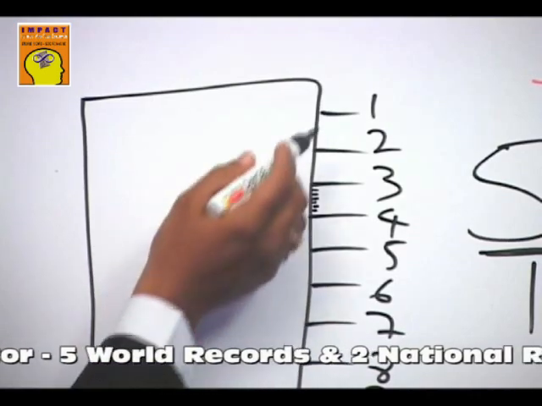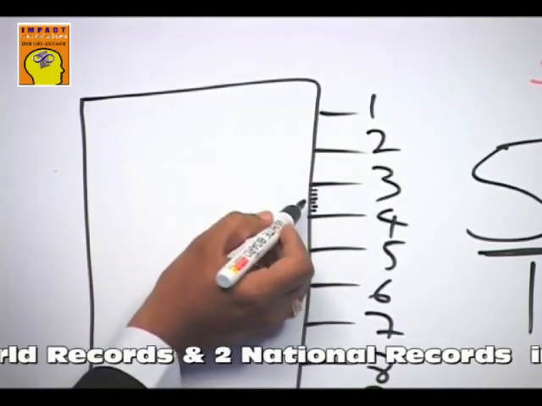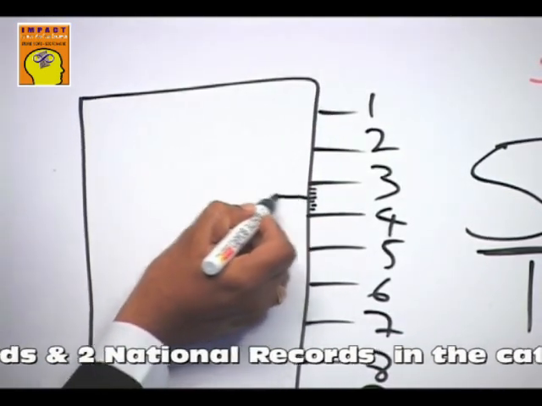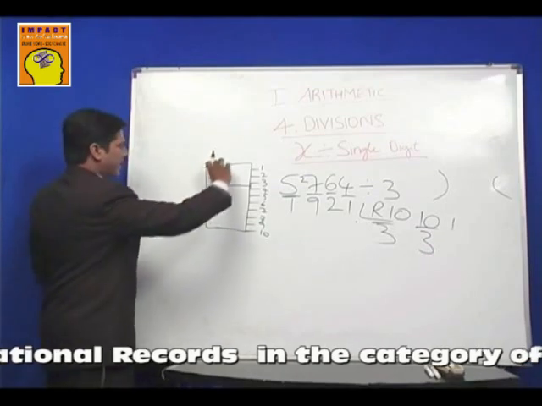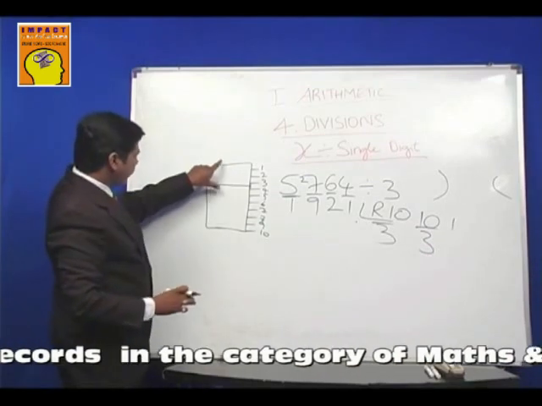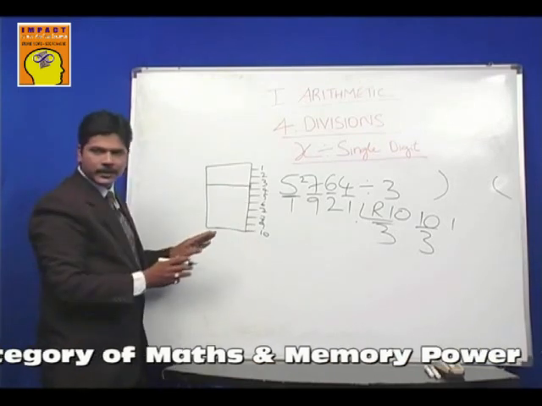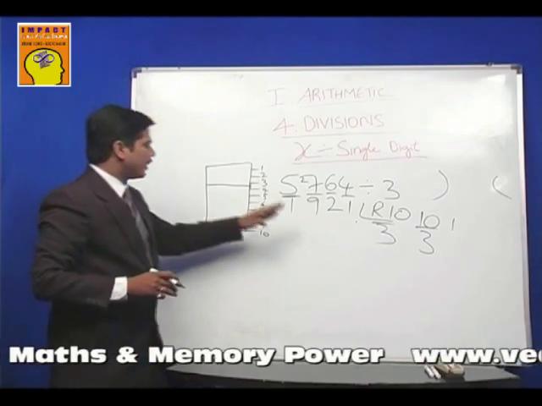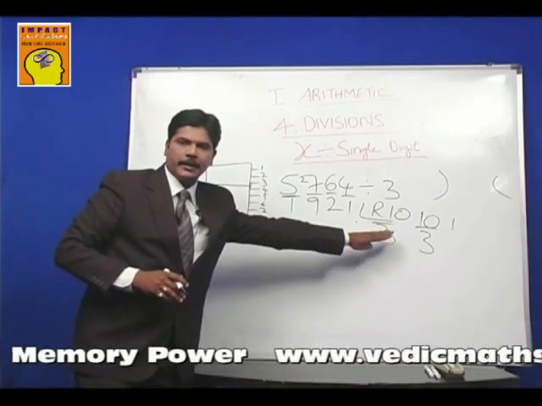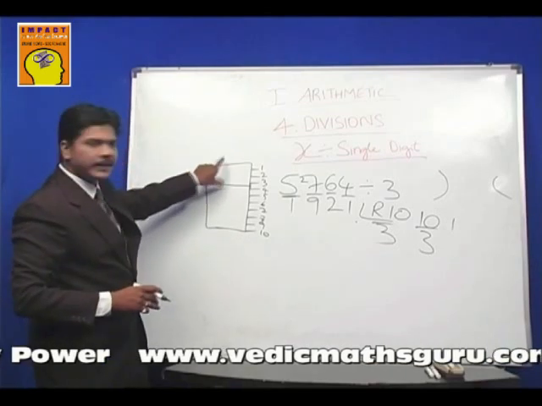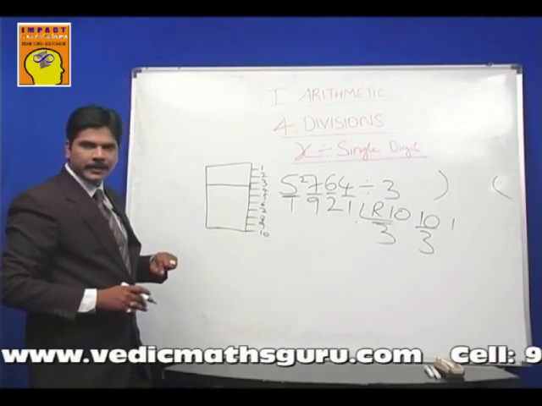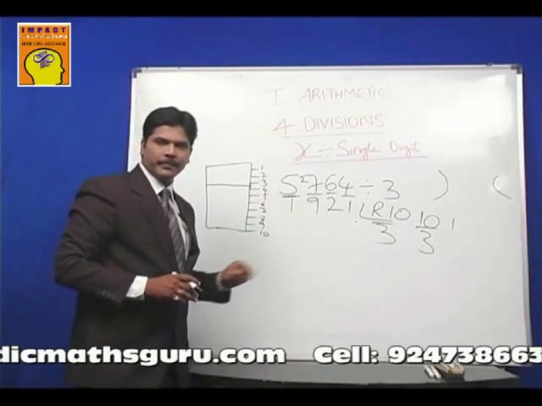So just understand this 0.33: 1, 2, 3 and after this 3 points, and that's it. So each person gets 0.33 part of the biscuit. It's something like this. So that is division.